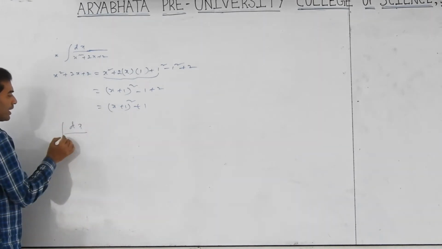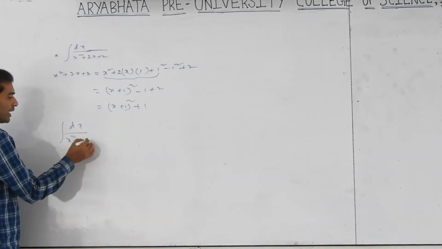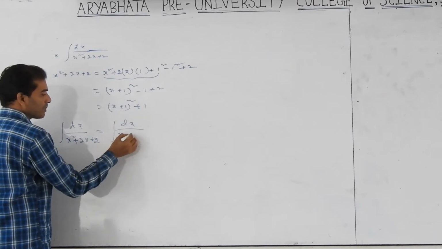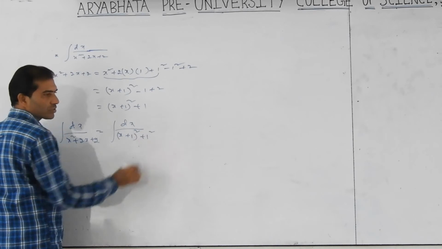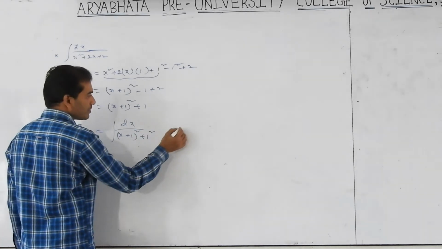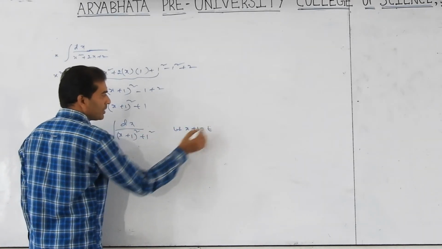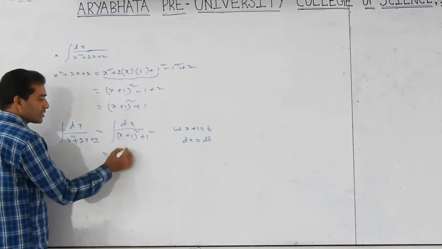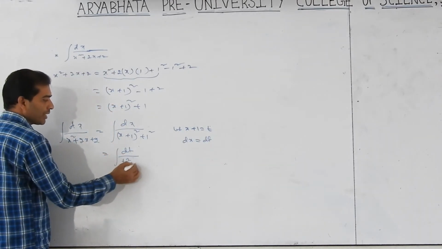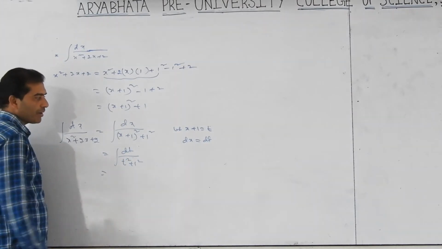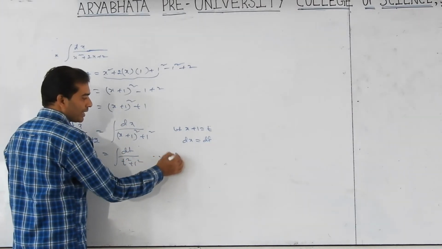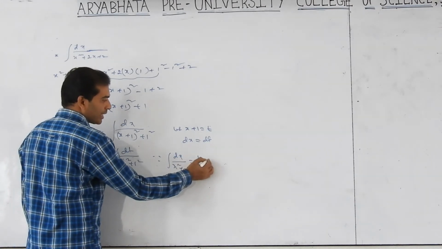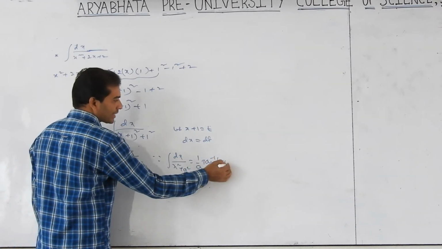Integration dx by x square plus 2x plus 2 equals dx by (x plus 1) whole square plus 1 square. Let x plus 1 equal to t, then dx equals dt. Integration of dt by t square plus 1 square is in the form of 1 by x square plus a square, with formula 1 by a tan inverse of x by a.